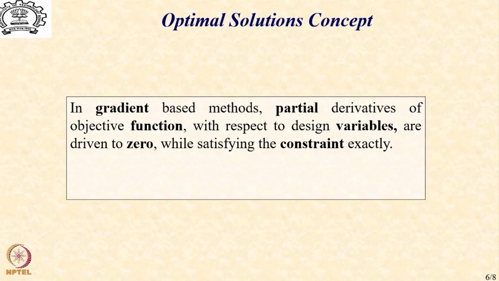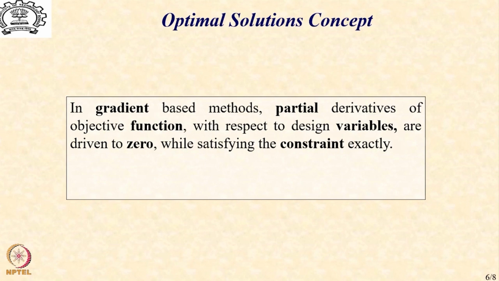So how does this gradient based method work? In gradient based methods, what we try to do is to generate the partial derivatives of the objective function with respect to all the design variables. And from your basic understanding of calculus, you would note that an optimal solution would be obtained when all the partial derivatives are 0 at a single point.